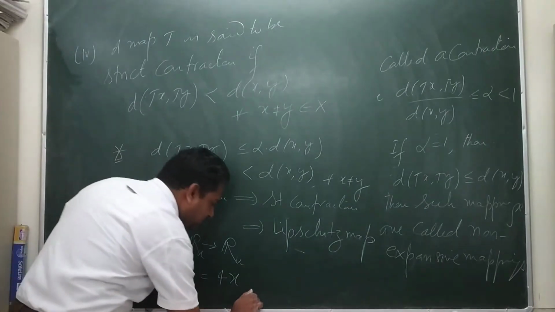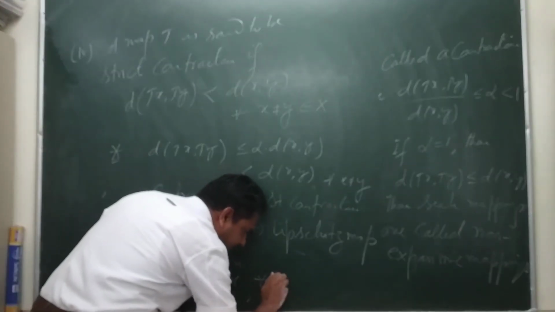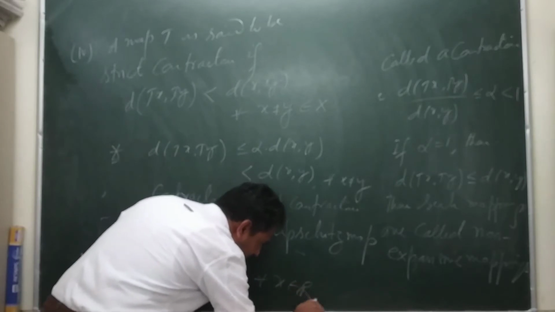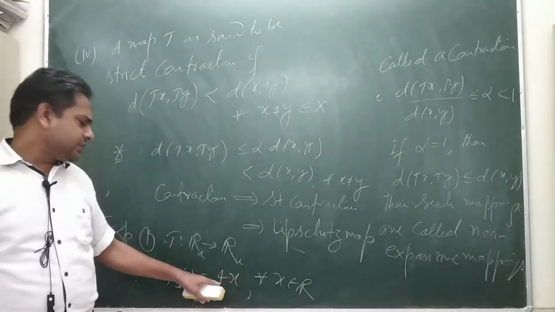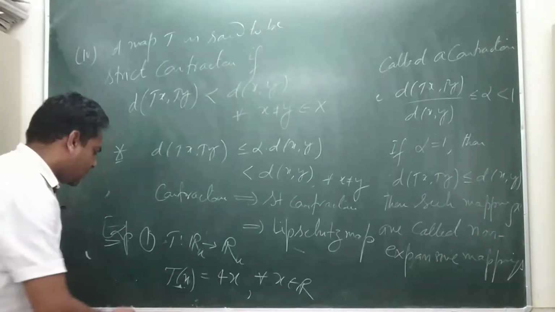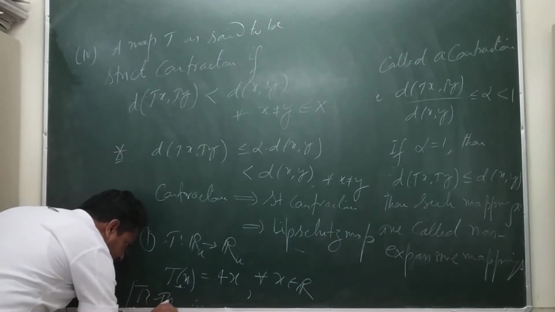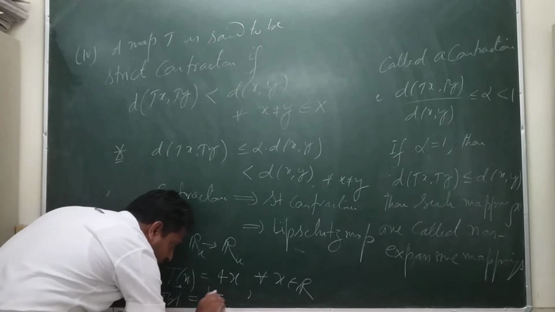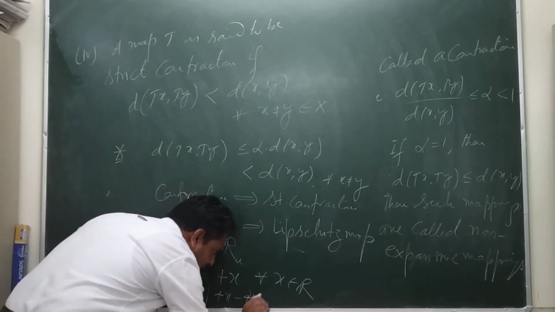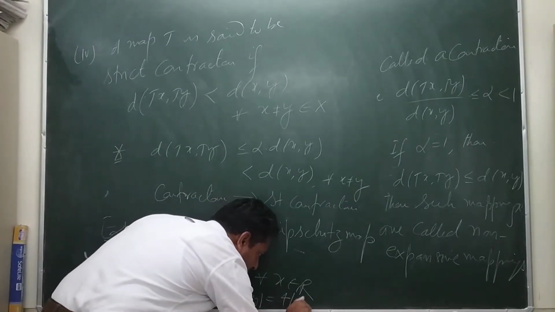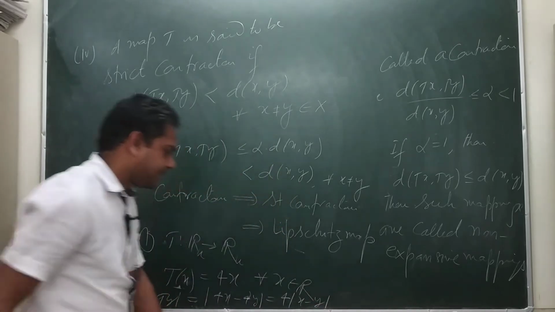Of course this is a Lipschitz map with Lipschitz constant 4, because if you consider the metric, the mod, then mod of Tx minus Ty is equal to mod of 4x minus 4y, equals 4 times mod of x minus y.